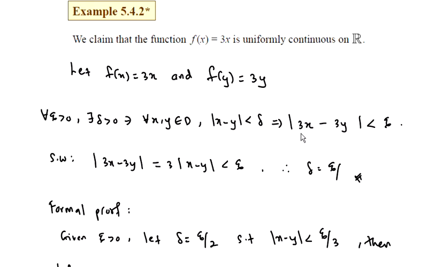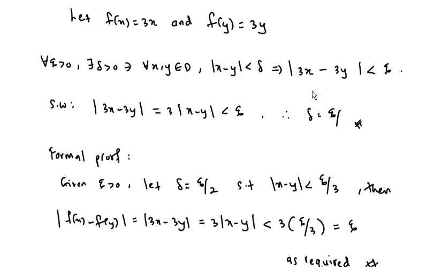Kita nak prove, we need to find ataupun choose delta from the consequent, and then kita reduce, one of the factors must be x minus y. The other kita akan move to the right side. So first we need to do scratch work. From the consequent we get 3x minus 3y, and then factorize, take out 3. So one of the factors is x minus y. So kita dah reduce daripada sini ke sini. The 3 we can move to the right side, so that delta equals epsilon over 3.